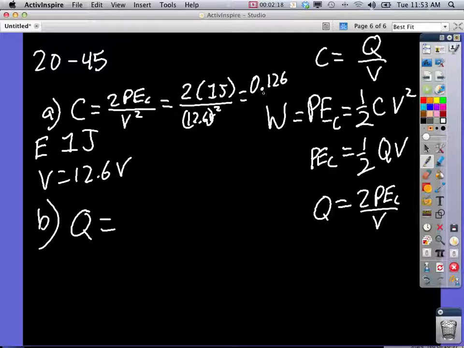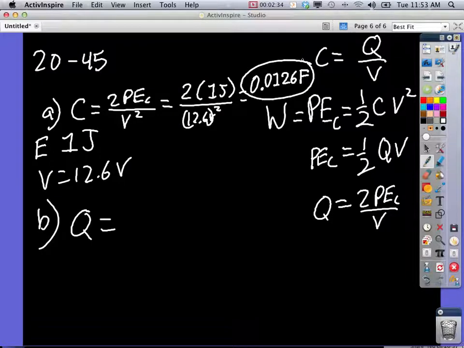Oh, so it's 0.0... Is it 0.0126? Cool, 0.0126, and that's for the capacitance, so it's going to be in F.